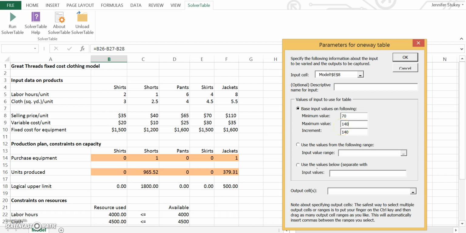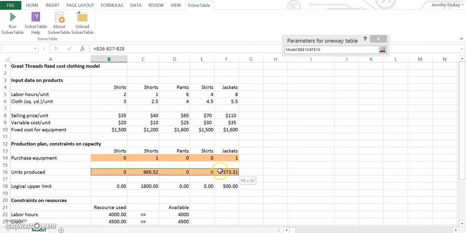Oh, I did that wrong. 140 is the max. And then we're going to increase it by, sorry, having trouble here. All right, 140. And we are going to increase it in increments of 5. So our output cells are going to be the number of units produced.